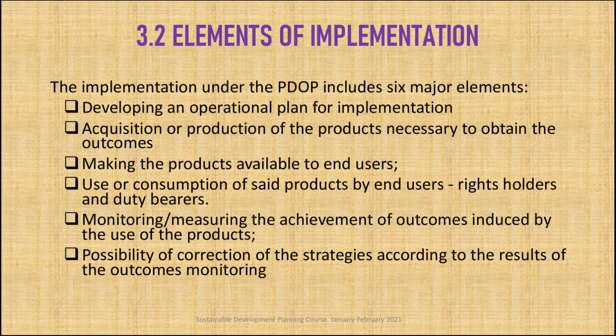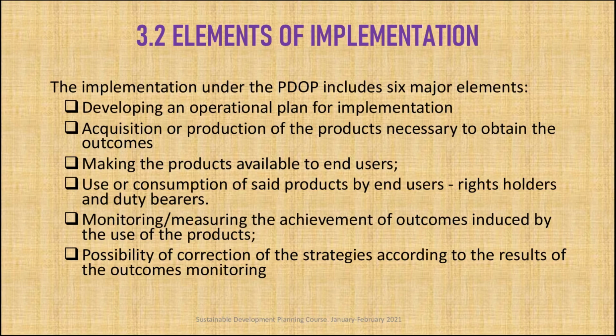And fourth, we need to make sure that the end users, which are the right holders but may also be the duty bearers, actually use or consume the said product.